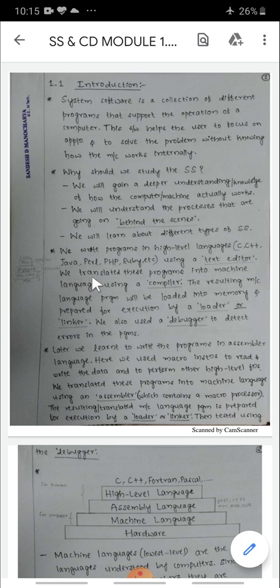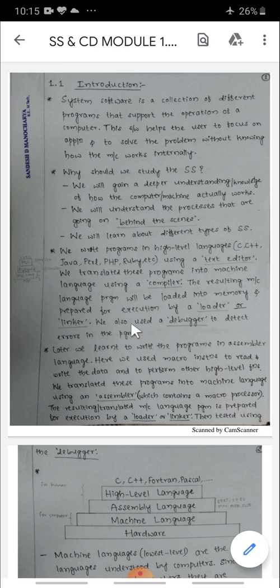After writing programs in high level languages, we converted them into machine level language using a compiler. The compiler is also an example for system software, and the resulting converted code or object program or machine language program will be loaded into the memory and prepared for execution by the loader or linker. The loader and linker are also examples for system software.